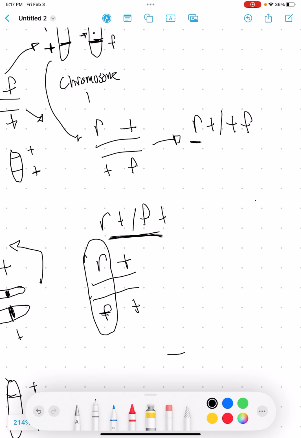So if I have an R allele right here, I would want the corresponding allele to be on the same area. Here I have an F allele. I want the corresponding allele to be in the relative area. If this right here was another F, I'd want this F to be in the same relative area on the chromosomes as this F is.